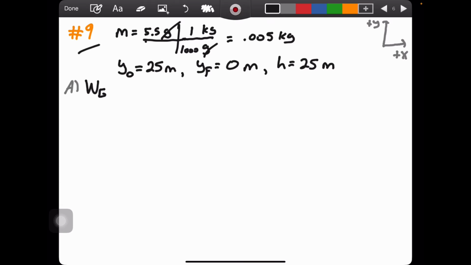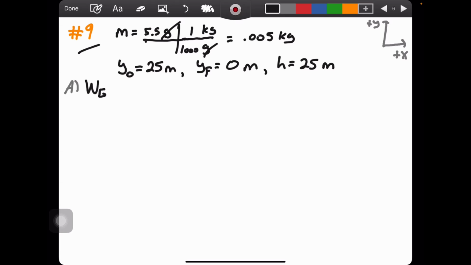So I'm going to work out in part A what the work being done by gravity is, and then I'm going to relate that to the work energy theorem in part B, because in part B, they're going to ask us for what the speed of the coin is just as it hits the water. If we know what the work done by gravity is, we could use the work energy theorem to figure out kinetic energy.